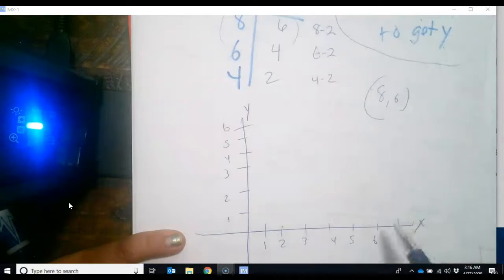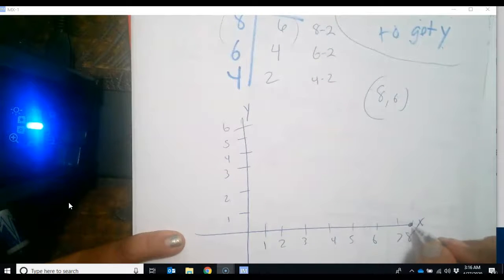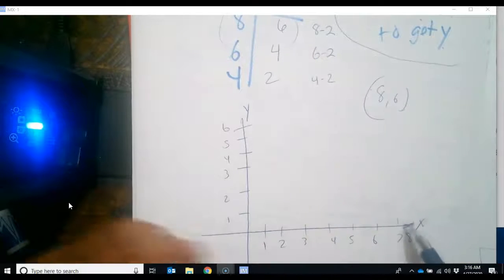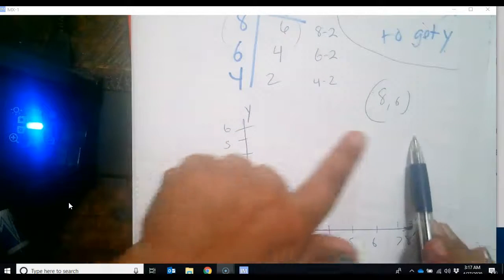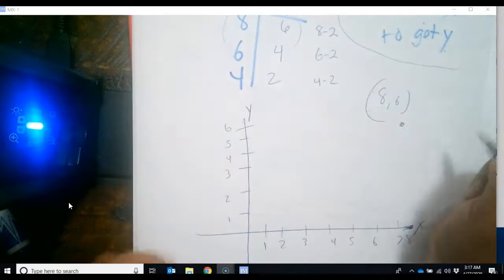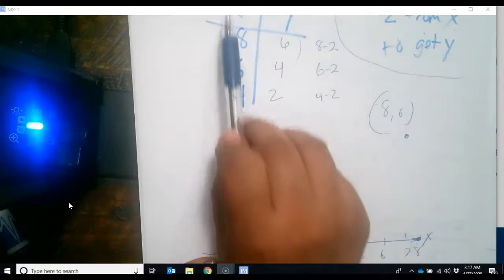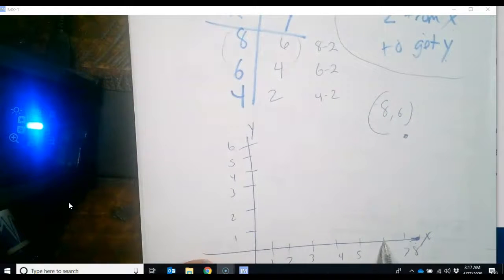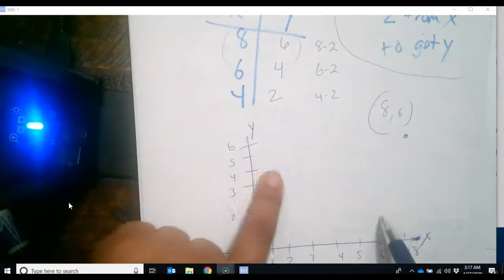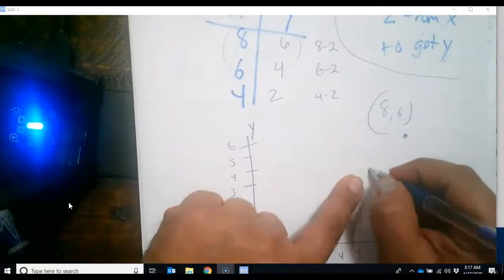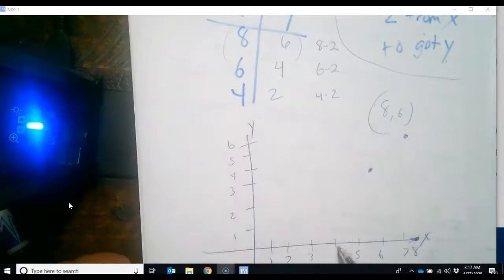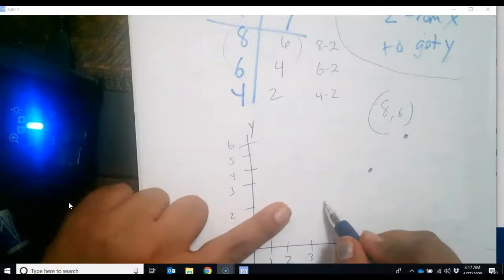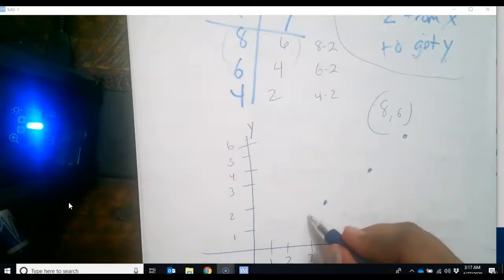So in this case, X is 8 and Y is 6. So I will go 8 and 6. So that's my first one. And then my next ordered pair will be X 6 and Y 4. So I go to 6 and then up to 4. And that's my next one. Then 4 and 2. So 4 and then 2. Okay. And that's my graph.